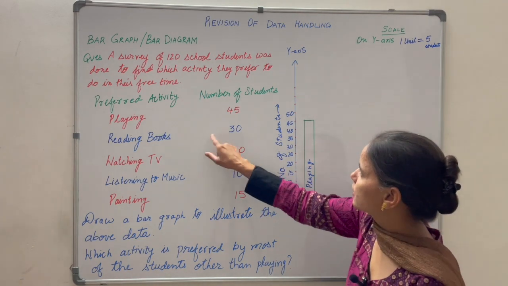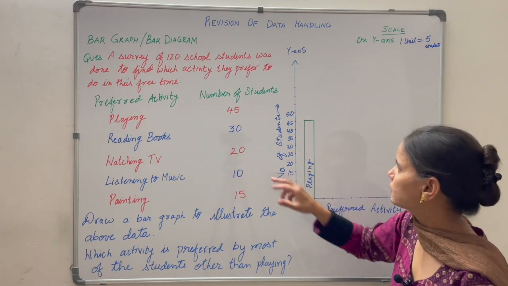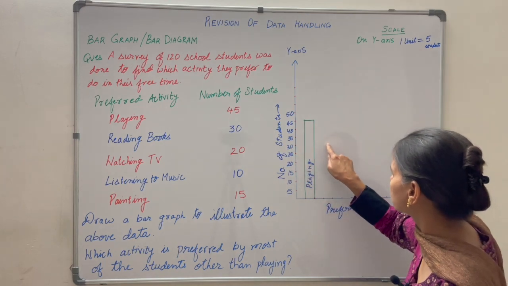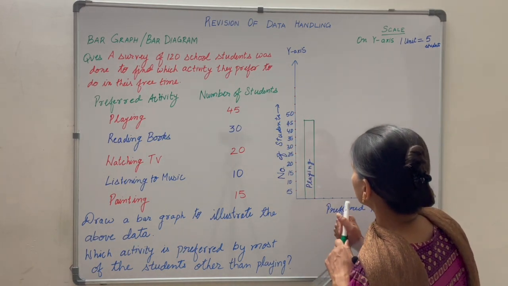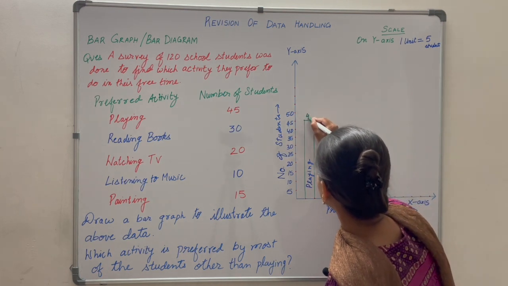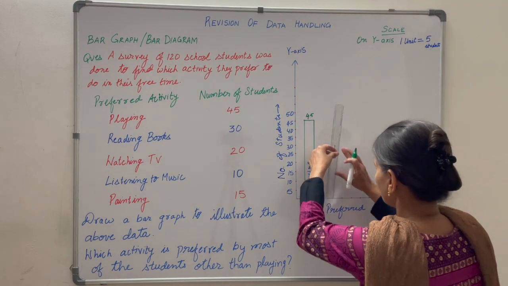Next, reading books, 30 students. I am going to give 1 unit gap, and 30 students. 30 is here. So this is the bar I am going to make. This is for 45. You can see this is 45. 30 is here. So I'll make it 30.